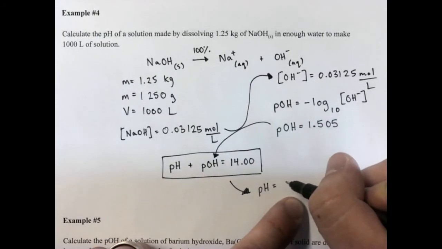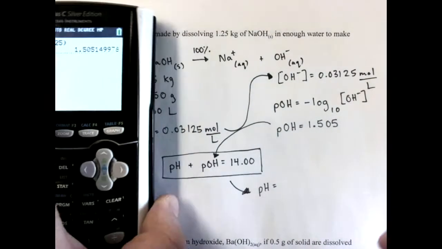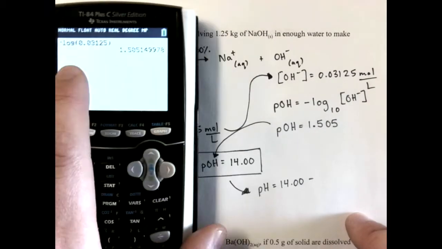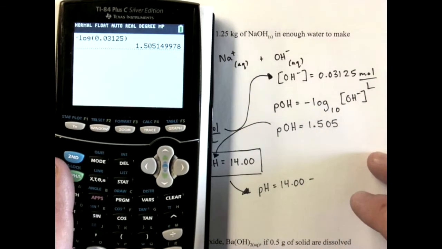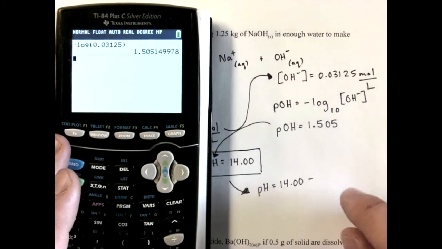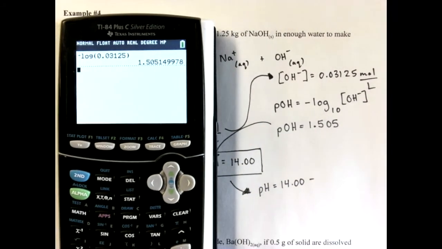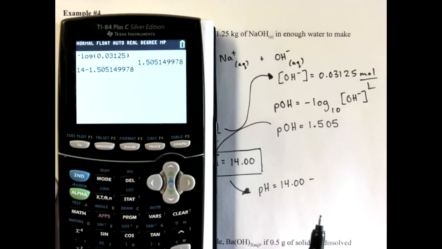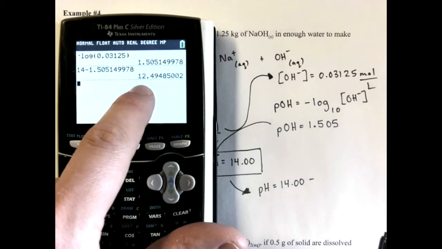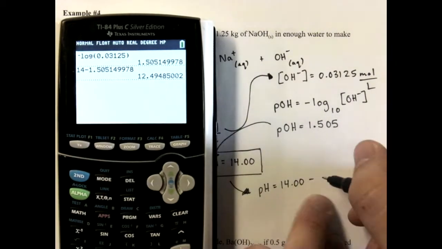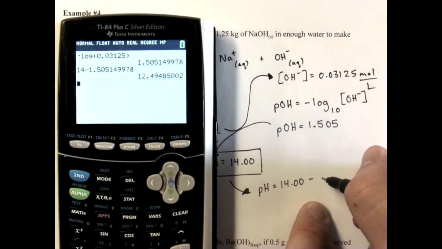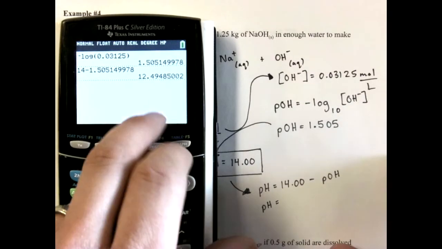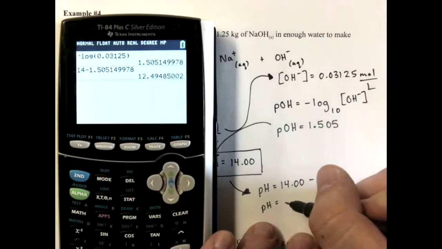So pH is going to be 14, subtract that number, and I should still have three digits after the decimal in my final answer for pH. So I'm going to do 14 subtract the number, and I get a pH of, what do we get here? 12.495.